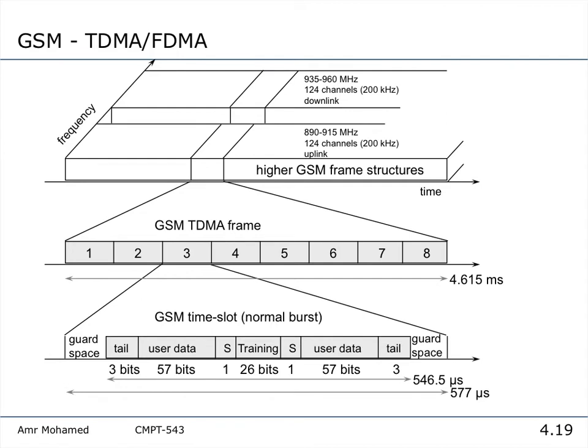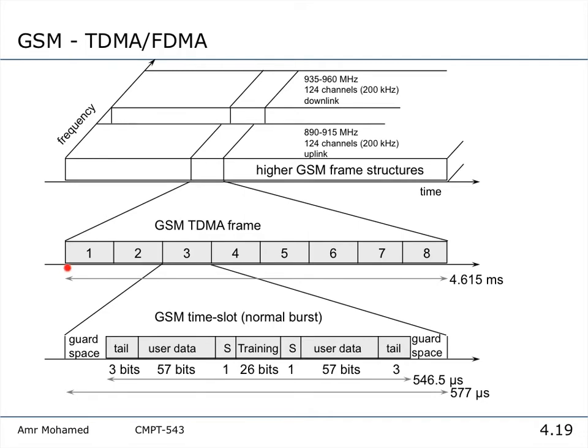So each channel is further divided into time slots. As we discussed before, in GSM we use a combined TDMA, FDMA, which means that we divide the spectrum into channels, and then we divide each channel into time slots.